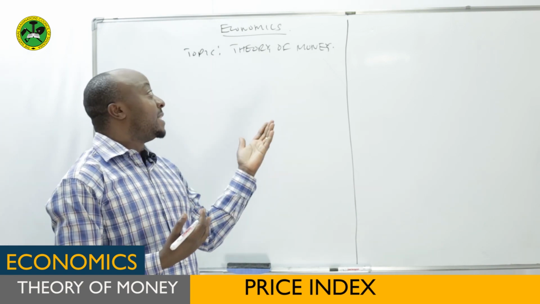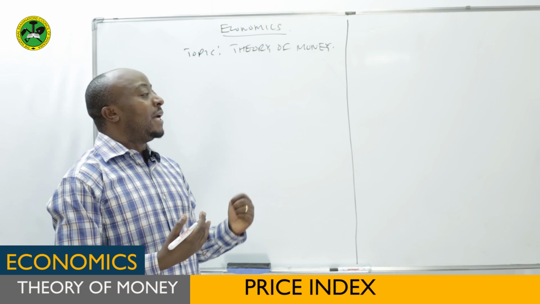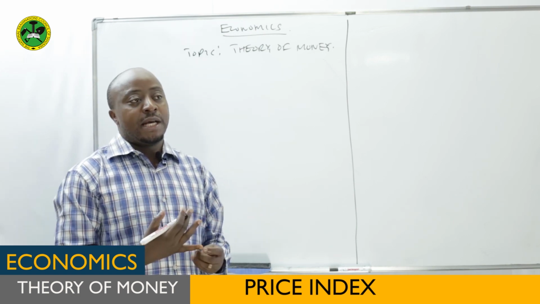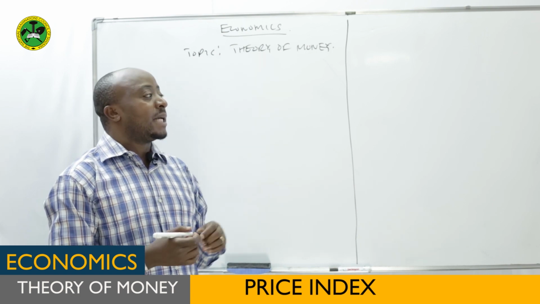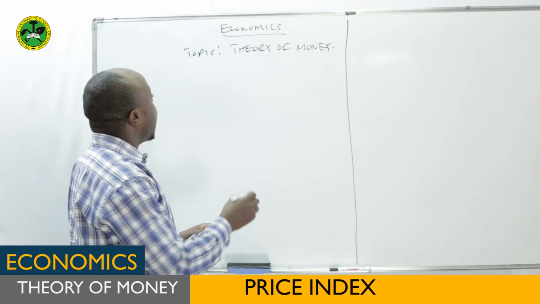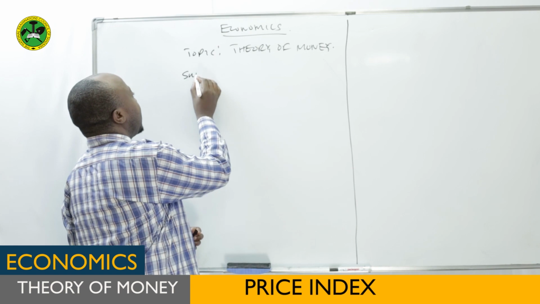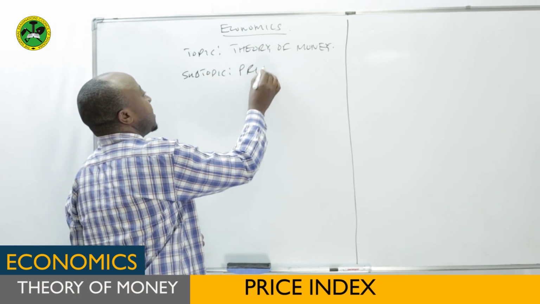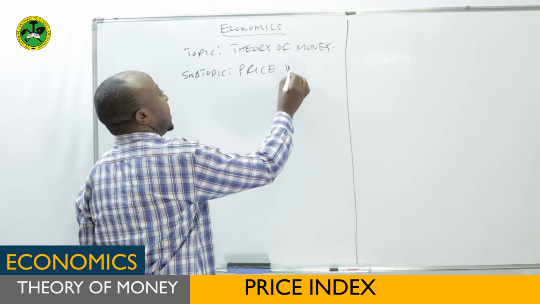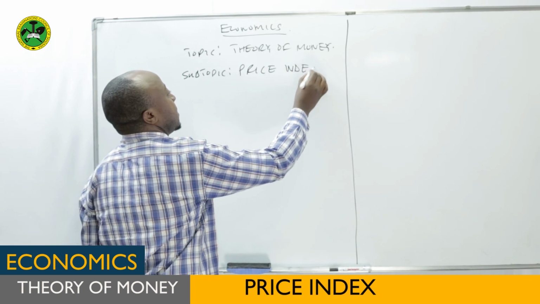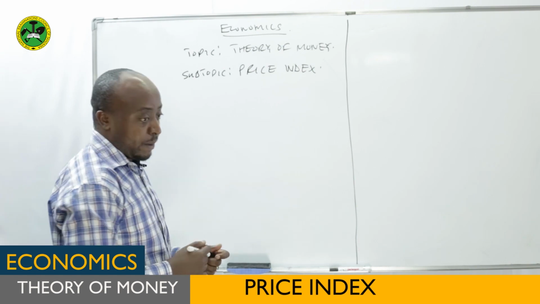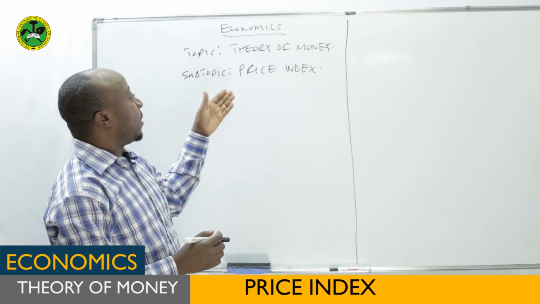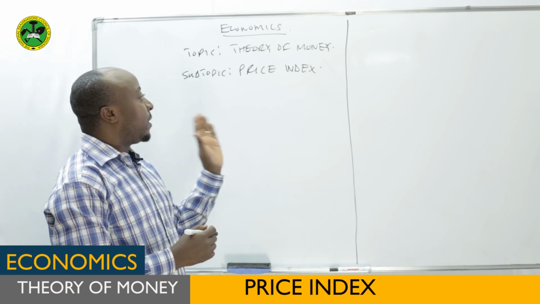Most of the subtopics are not very difficult, but the subtopic which is bringing a problem to students, especially in tackling some of the questions, is the subtopic of price index. This is our subtopic. We are going to discuss price index within the topic of theory of money.